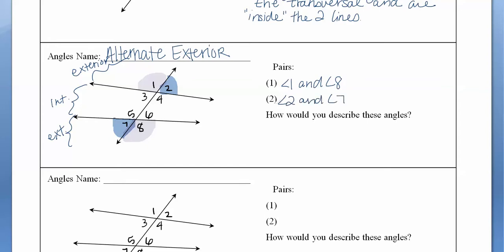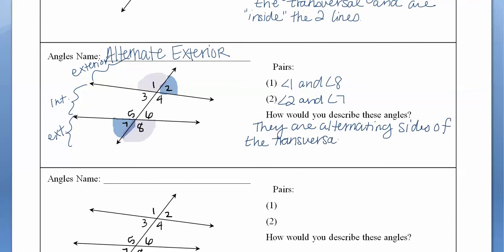So how do we describe them? They are alternating, just like before, sides of the transversal. And they are on the outside of the two lines.